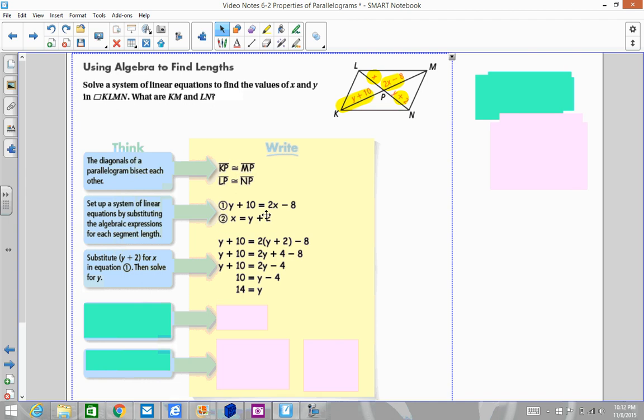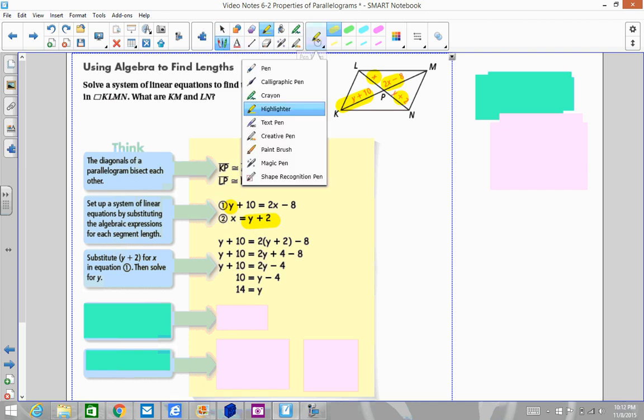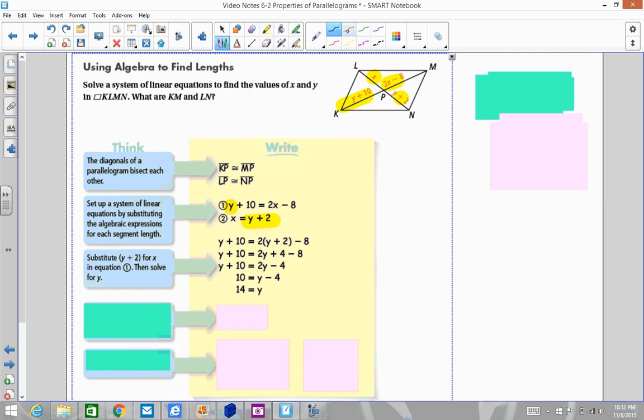So we take this right here, and we plug it in right there so that we can get a system of equations. All right, so this piece went right there into the equation. So this is what we have. Y plus 10 is equal to, oh no, that's not right.